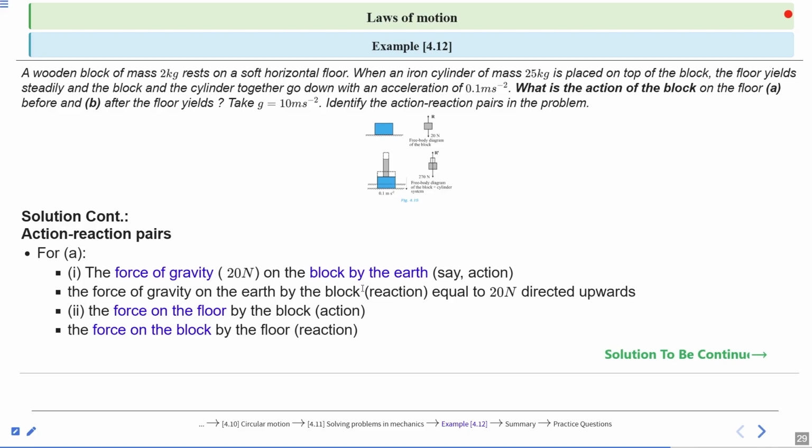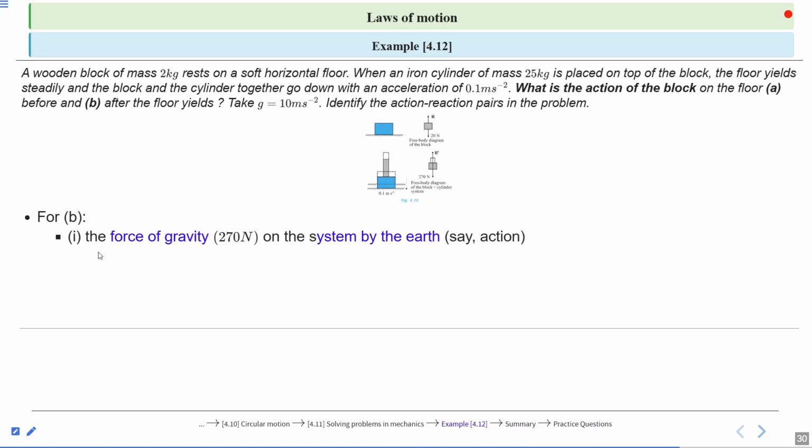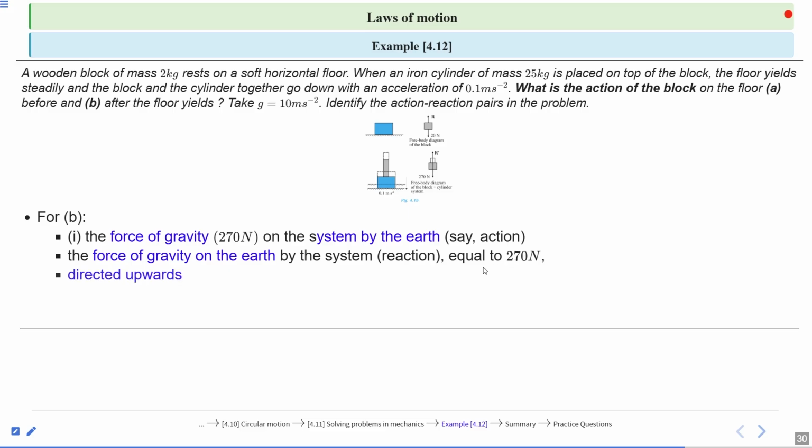So if we talk about B, the force of gravity, that is 270 Newton on the system by the earth, here we can say action, and the force of gravity on the earth by the system is called reaction, that is 270 Newton, and the direction is upwards.